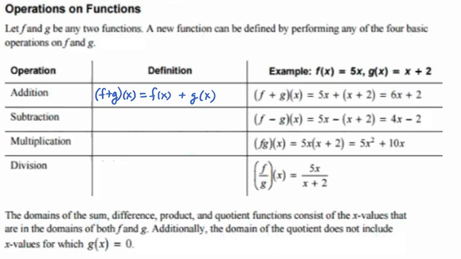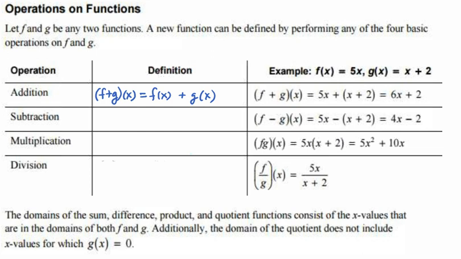So for addition, if we have two functions, function f plus function g of x, we can rewrite that as f of x plus g of x. And we see that here in our example. Notice that the two functions are f of x was 5x and g of x was x plus 2.